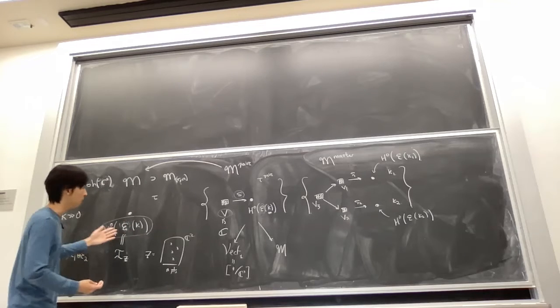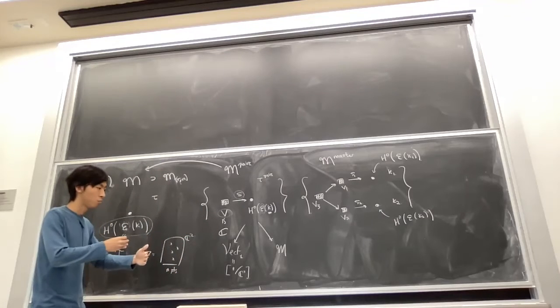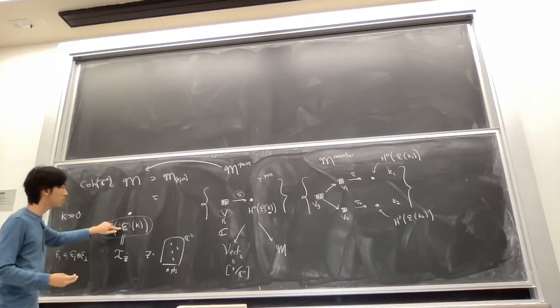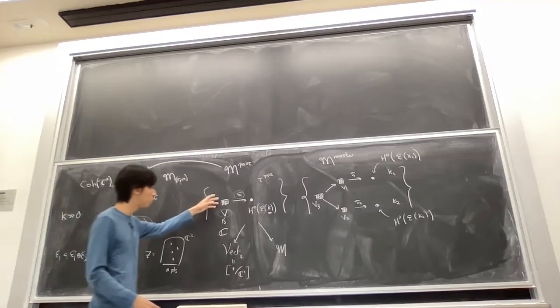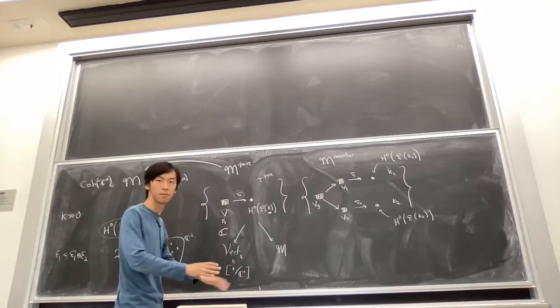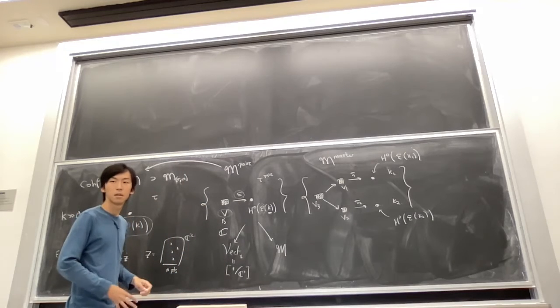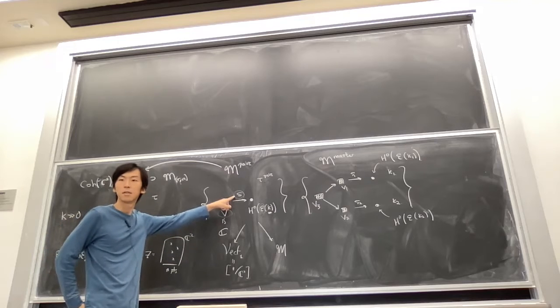So then choosing this kind of framing rigidifies your sheaf. I just mean that maybe here this E has many automorphisms. And choosing this kind of framing removes that. It'll be visible because it'll change S.